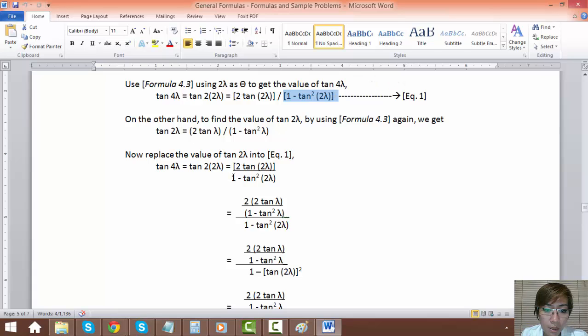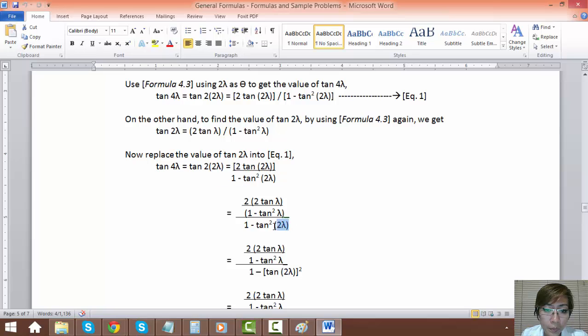And next we replace the value of tangent 2 lambda into this one. So we get 2 times 2 tangent lambda over 1 minus tangent squared lambda, all over the denominator, which is 1 minus tangent squared 2 lambda. And again, we are left with 2 lambda here.